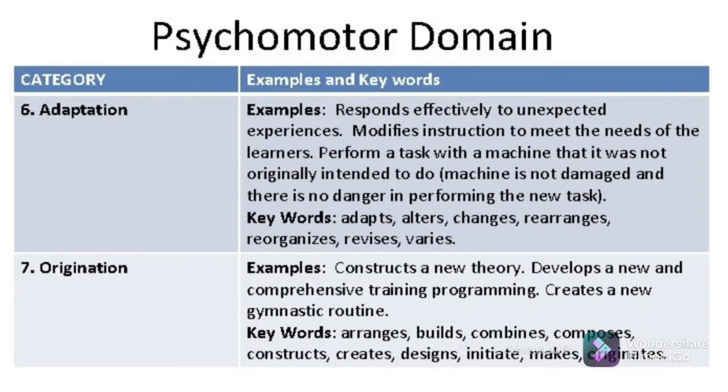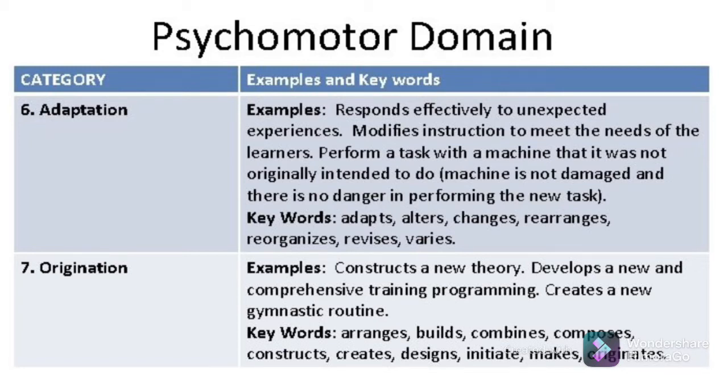The next higher taxonomy in the cognitive domain is adaptation. The examples are: responds effectively to unexpected experiences; modifies instruction to meet the needs of the learner. Because you are already adapted to the skill or to the task, you can modify the instruction of the teacher as a student.